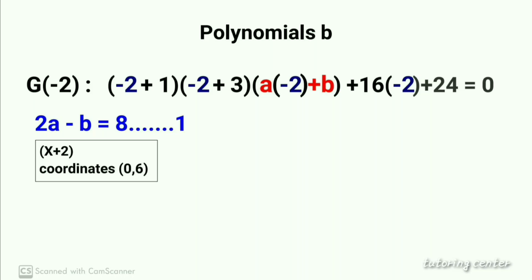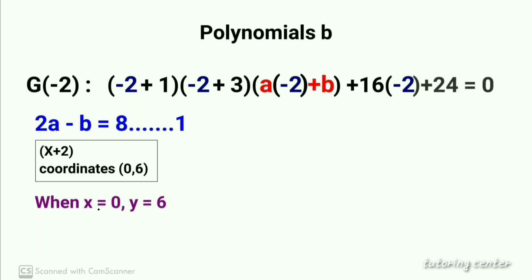They said the graph of g of x has coordinates (0, 6), and we know that 0 stands for the x value and 6 is the y value.